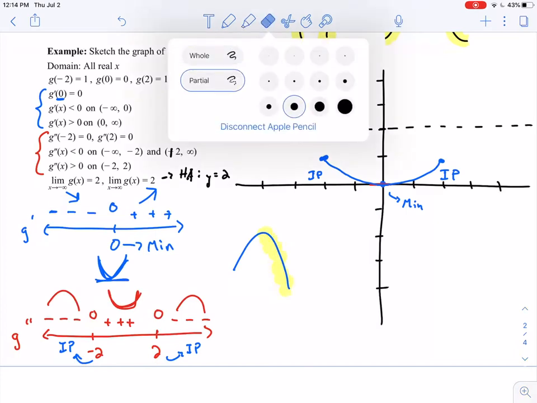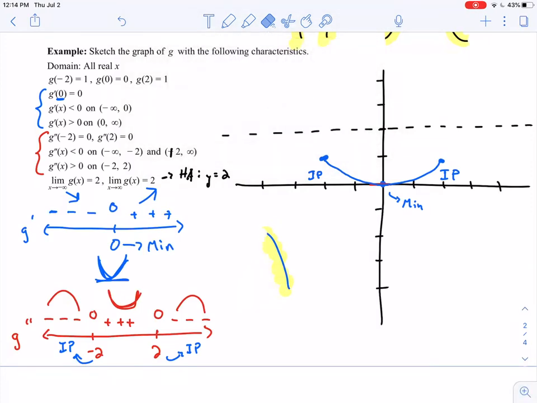So okay, maybe we'll erase that left-hand side because we don't want to be distracted by it. But this is fairly steep. We can't quite use that because then you're going to cross the horizontal asymptote. And while I suppose you could here, I'm going to say that we don't cross the horizontal asymptote here just to keep it simple. So here we might just need to flatten that out so that we have our function still approaching that asymptote and not crossing it. So we should see something that looks like this.